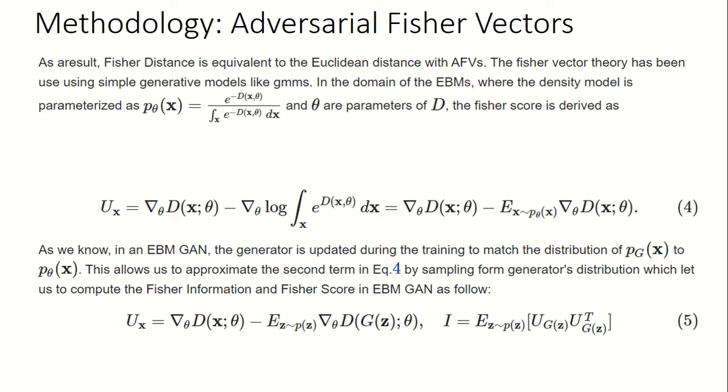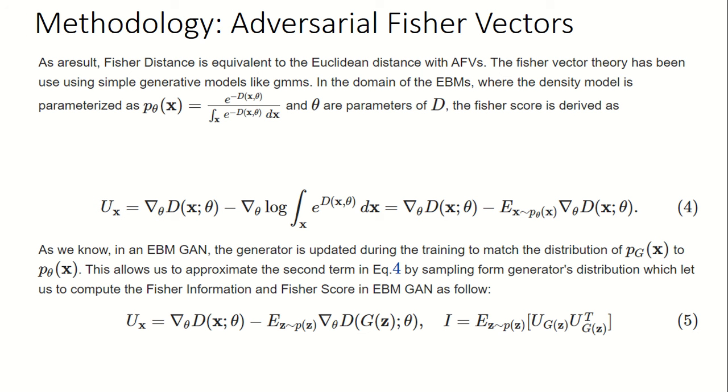But as I said, basically we need the derivative of your generative model, but here we consider our discriminator as a model that encodes the data distribution and models data distributions. As I mentioned, the reason is that if we can treat a discriminator as a generative model, we can fit these images and extract adversarial Fisher vectors from it.